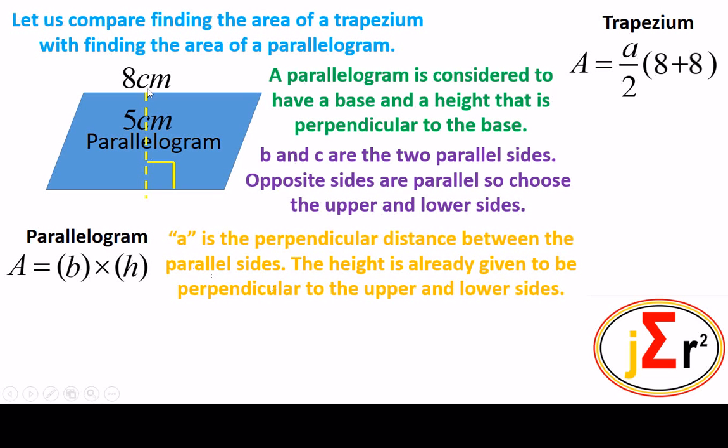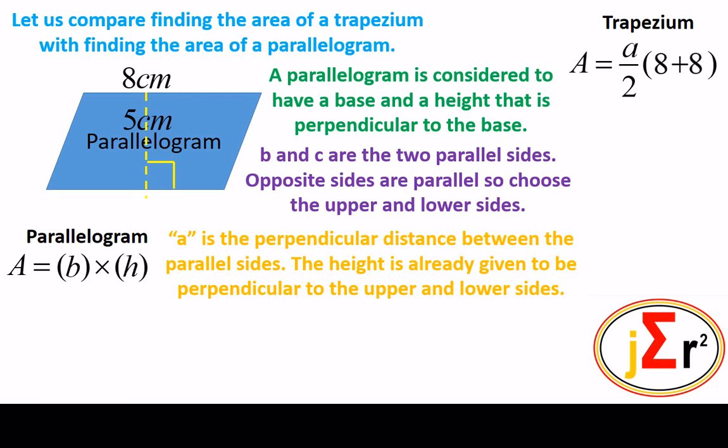The height that we have here is already perpendicular to the two parallel sides. We may therefore use the height of 5 centimeters. It is perpendicular to these two parallel sides. Now, we are not saying that these are the only two parallel sides, because they are not the only two parallel sides.